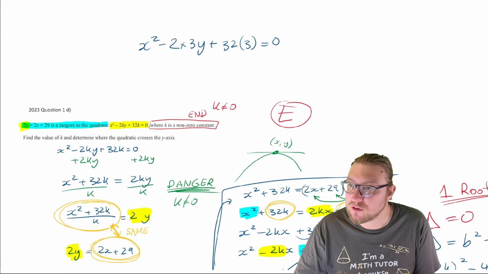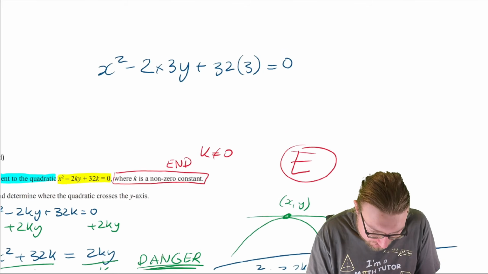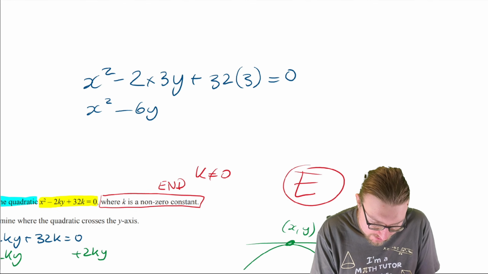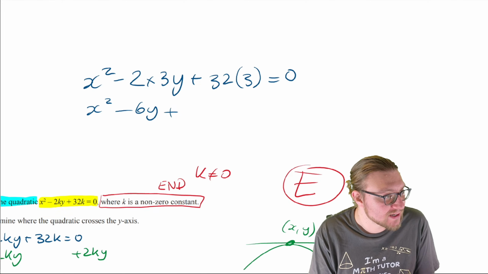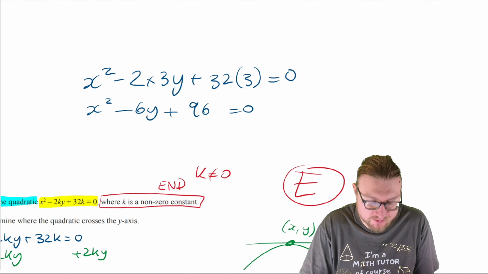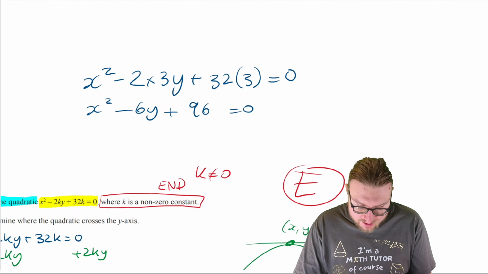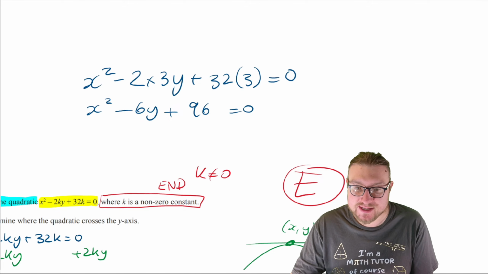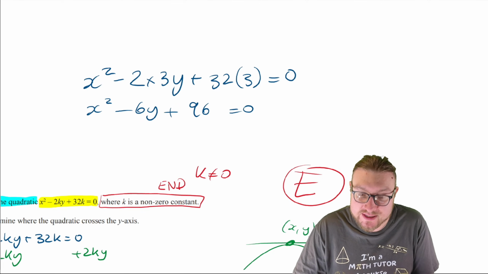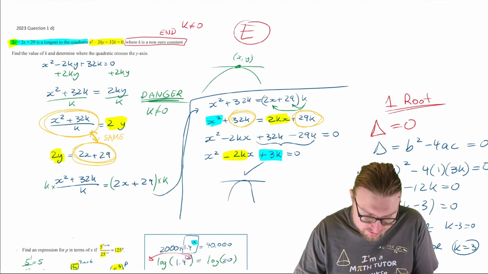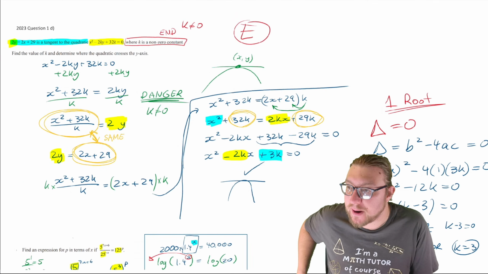Okay, so what can we do here? We can simplify, and we get that x squared minus 6y plus, oh, what is that number? 96 is equal to 0. Right? We're almost there. This is an equation in x and y. Yeah, so it's only k is equal to 3, and that is because we are not allowing k is 0 by definition.